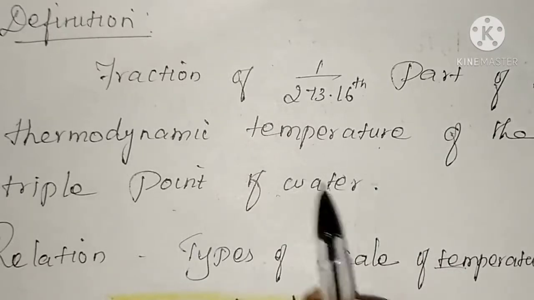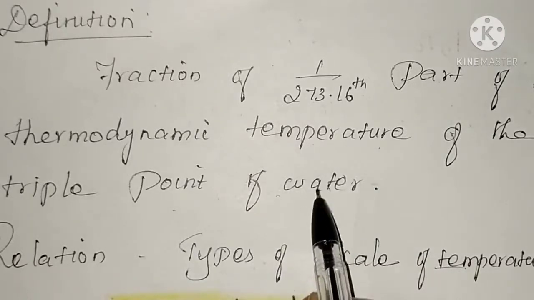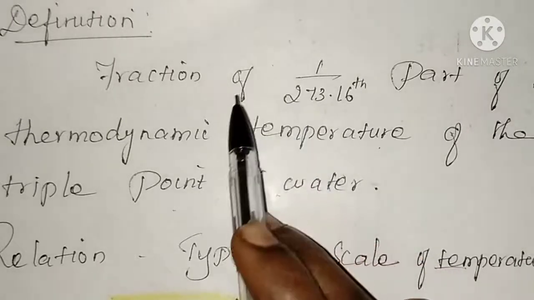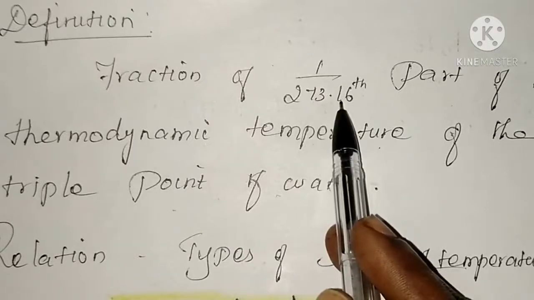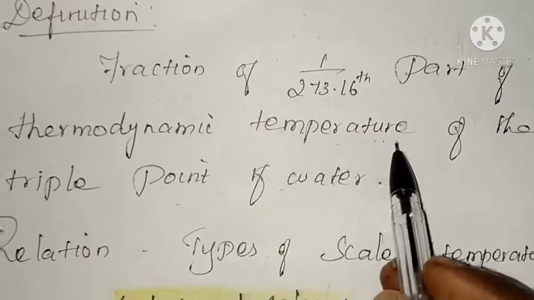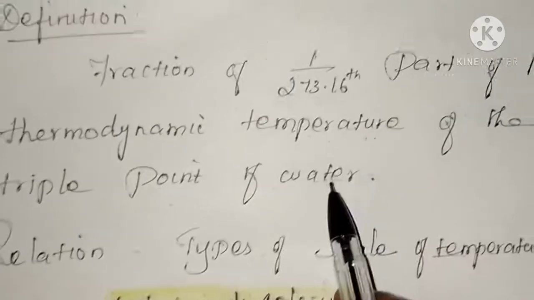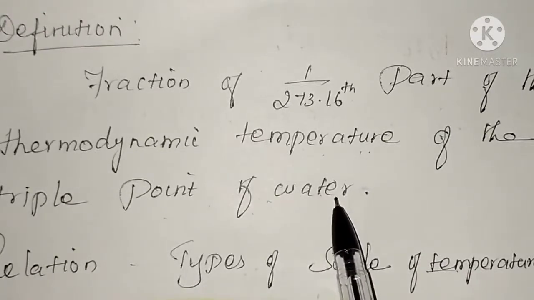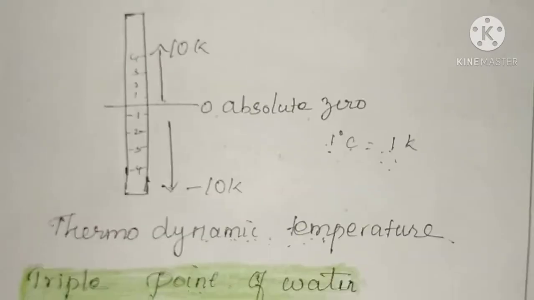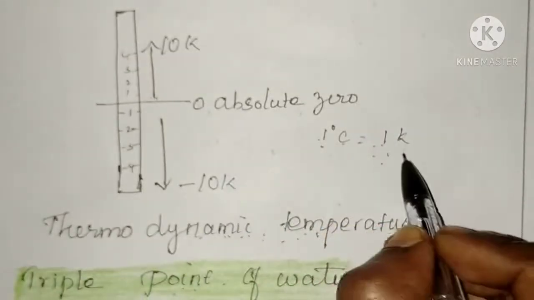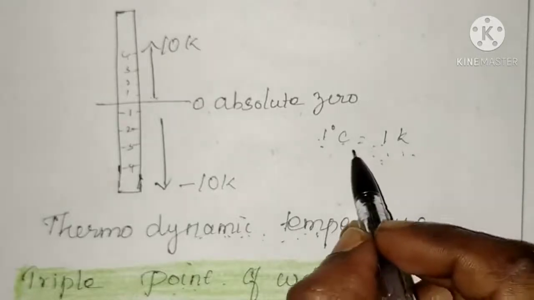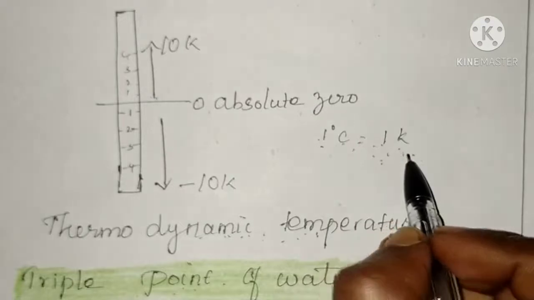That is the thermodynamic scale of temperature. How will you define the thermodynamic scale of temperature? It is defined as the fraction of 1 by 273.16 part of the thermodynamic temperature of the triple point of water. So that's the definition of the thermodynamic scale of temperature. The temperature difference of 1 degree Celsius is equal to 1 Kelvin.